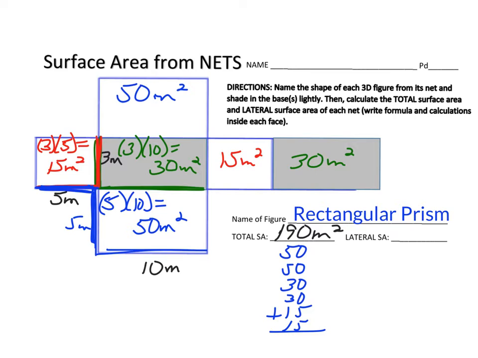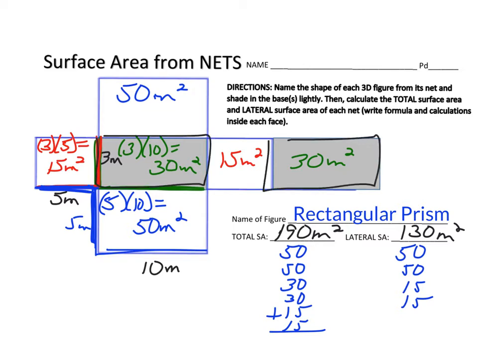So that means we just add up the 50, 50, 15, and 15 for a total of 130 square meters. Meaning all we really did was subtract 30 and 30 from our total surface area, and you get 130 left over. So lateral does not mean your basis.